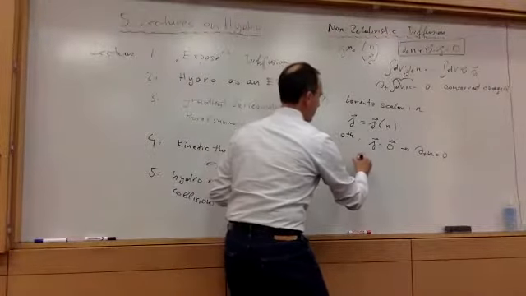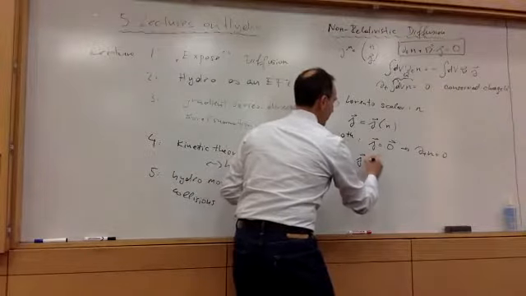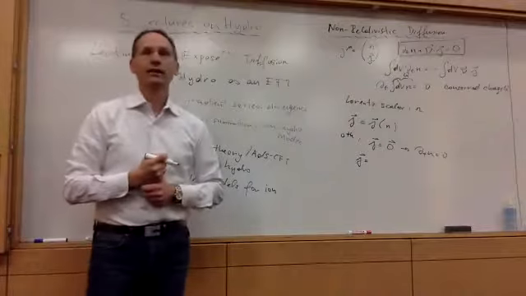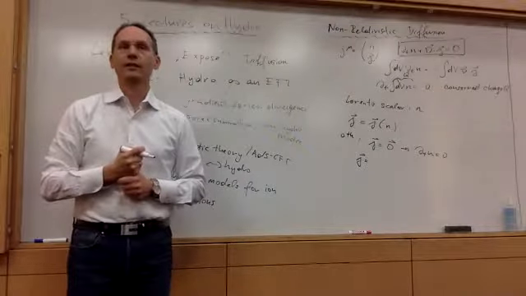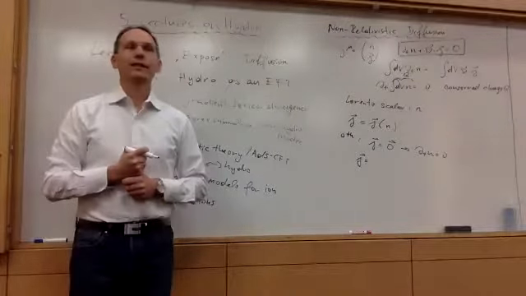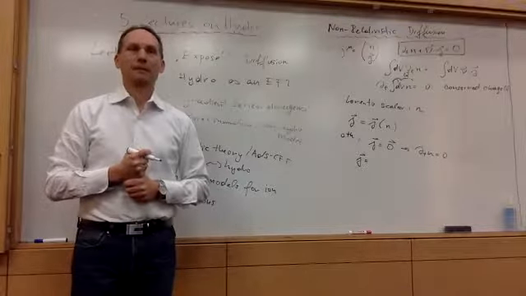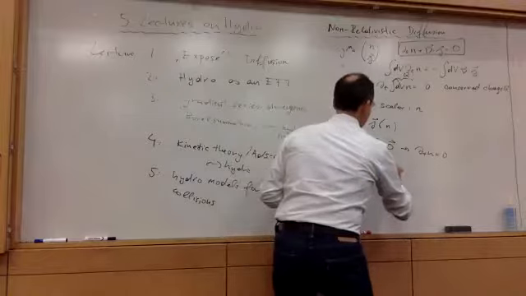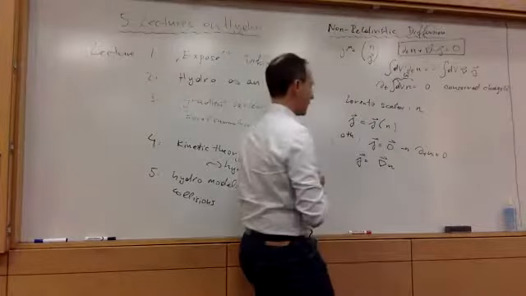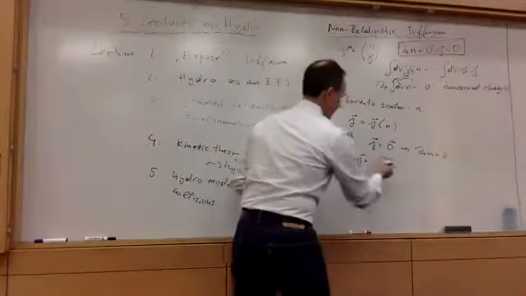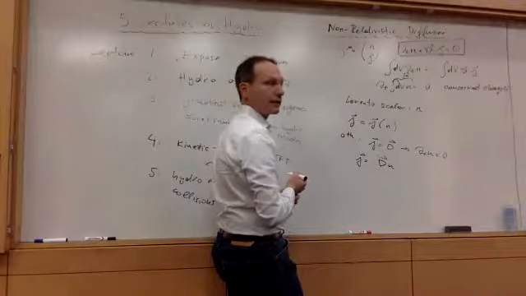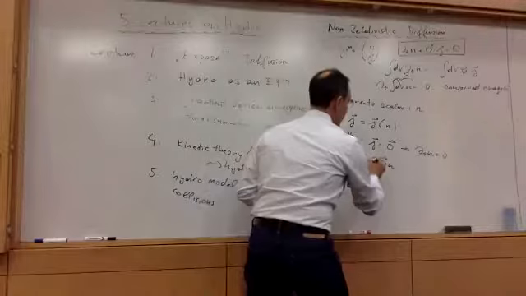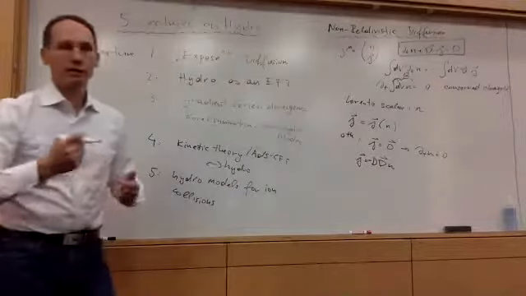Let's do something more interesting. Let's go beyond sort of first order. What is the first order gradient correction that we can write down for this current J? I'm taking suggestions from the audience. Gradient of n, yes. Gradient of n. And since there can be a proportionality factor in between the two of them, I'll call this proportionality factor minus D. The minus is convention.